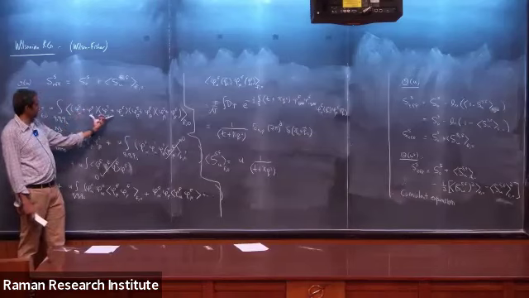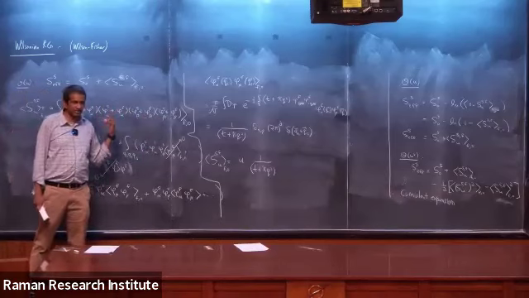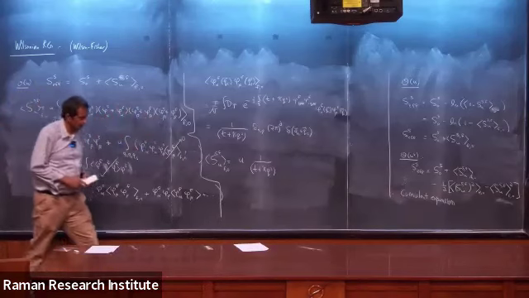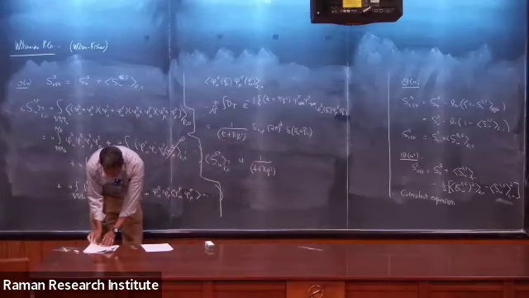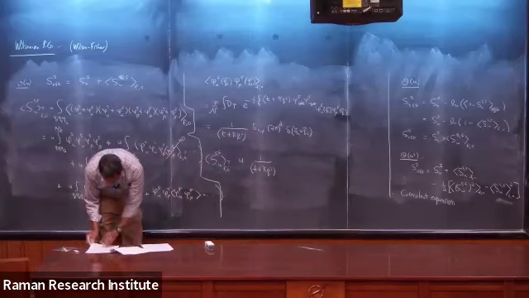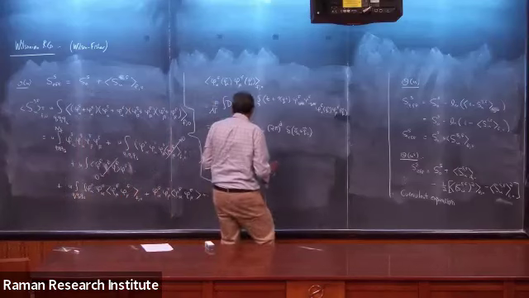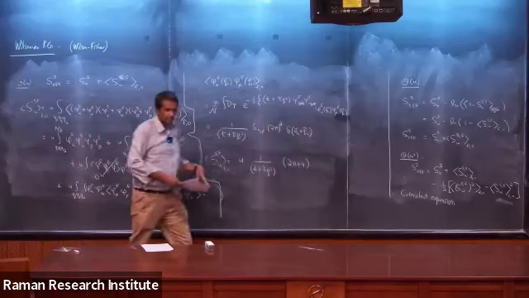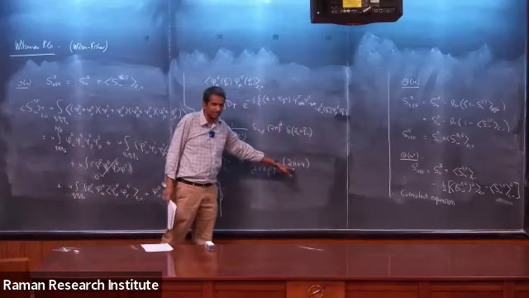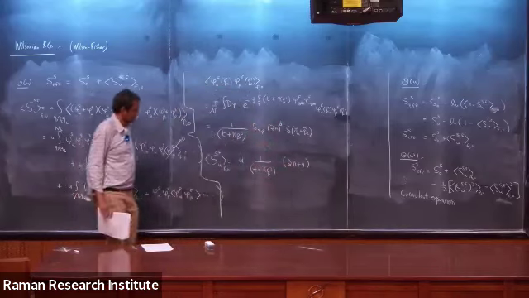If I pick these 2 to be fast, I'll get a factor of n. If I pick these 2, I'll get a factor of n. But for any of the other 4 combinations, I don't get a factor of n. Okay. So let me write out what the answer is. Then maybe we can go into details next time. So this 2n plus 4 comes from there. 2 terms have a factor of n, and the remaining 4 don't. So that's all the 6 types of terms that we have.